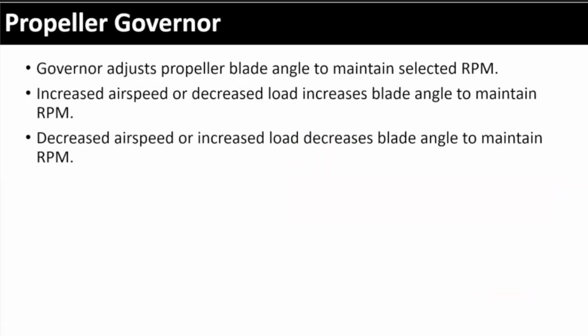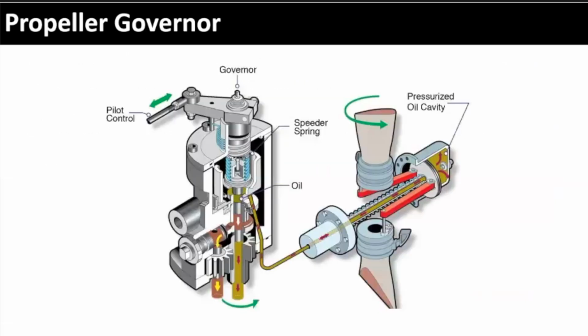We talked about the governor maintains it, increase or decrease the angle, we talked about that. Here's just a graphic of the governor and how it works. It's hydraulics, it's governors and hydraulics that are saying, hey, I set you here, and that oil pressure is sensing the differences and maintaining based on linkages and everything else.